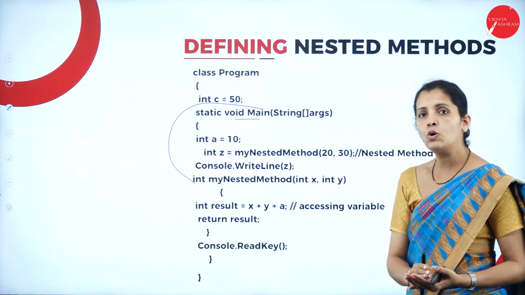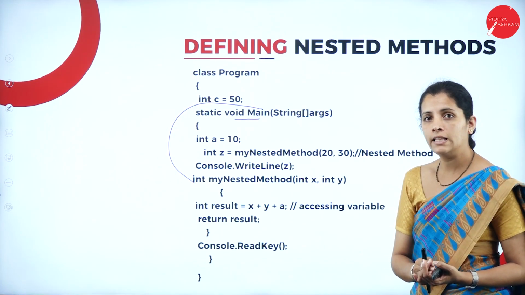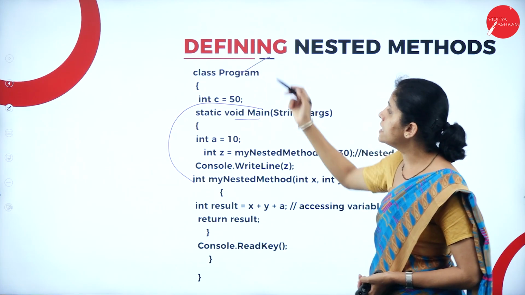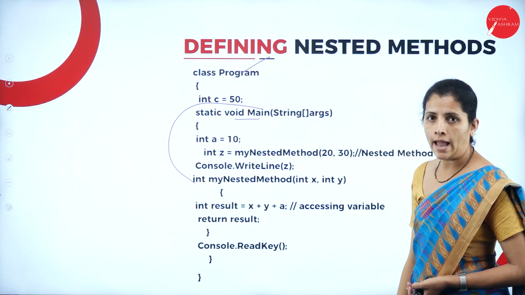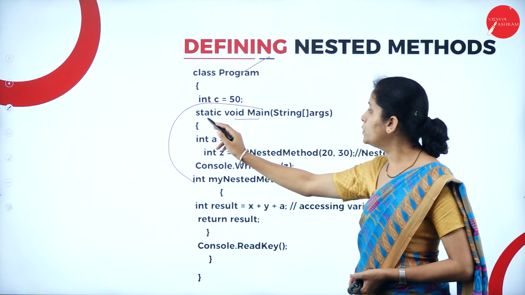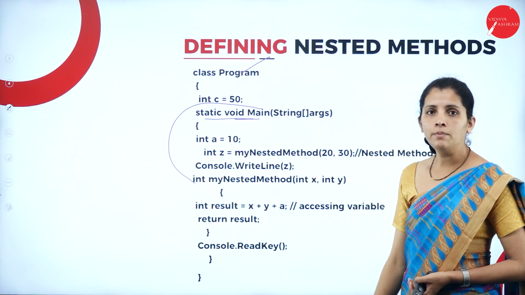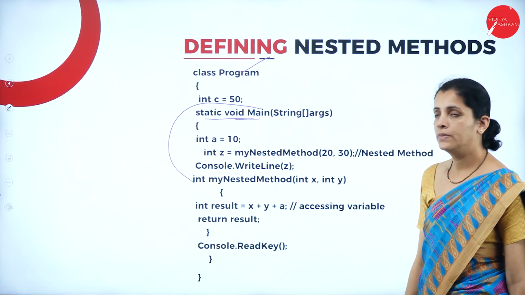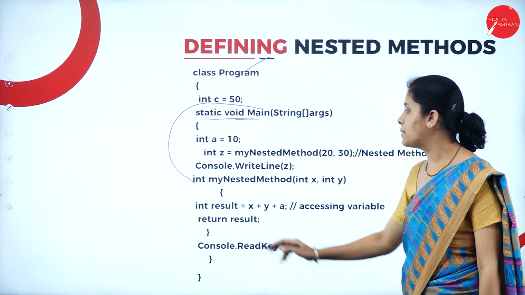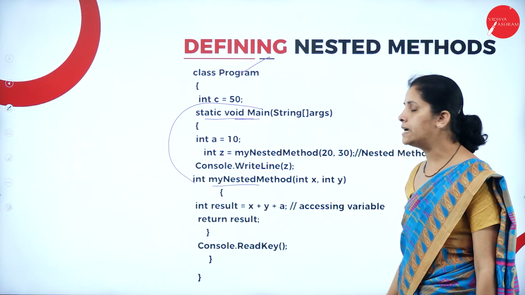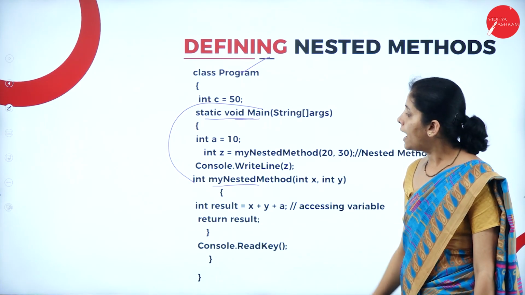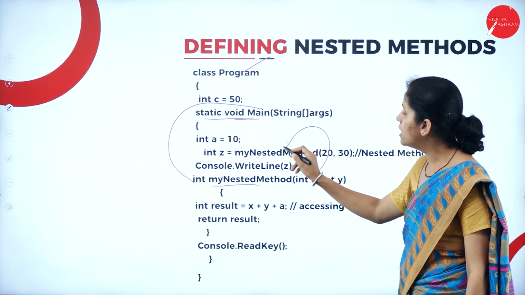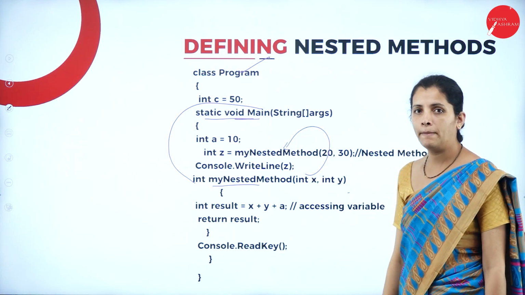So this is also an example of nested methods. What is my class name? That is Program. Now I'm going to write my main method. Inside the main method, I'm going to create my nested method. And above this method, I'm going to call this method.